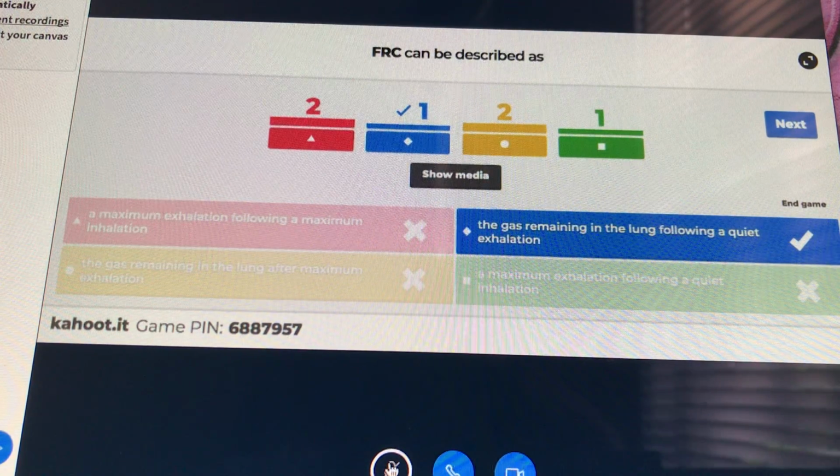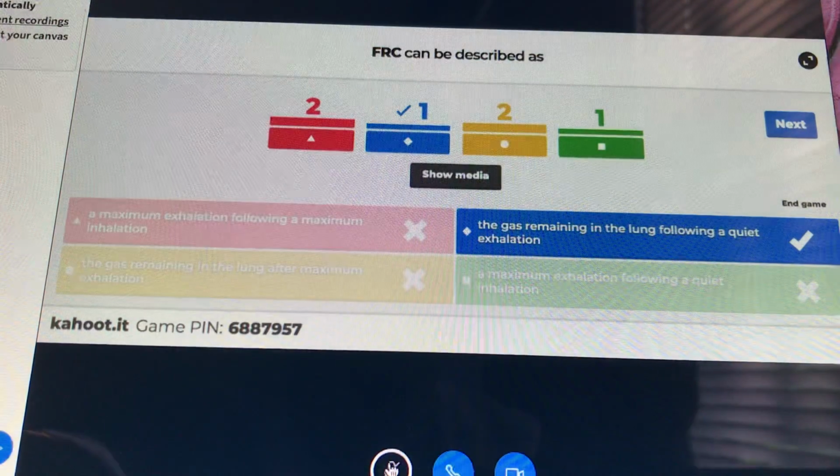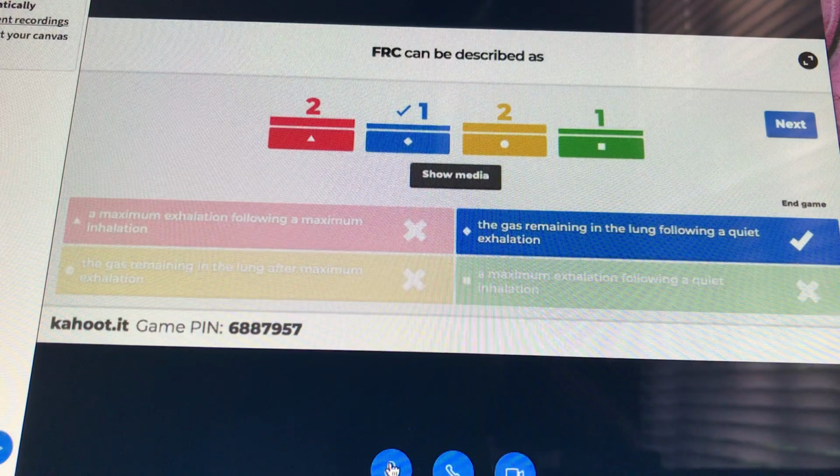So of course, a maximum exhalation following a maximum inhalation would be what? Residual volume. You are now unmuted. Residual volume? VC? Well, VC is a max inhale followed by a max exhale. And then RV is what you can't exhale at all. So that's what's left in your lungs after a maximum exhalation.